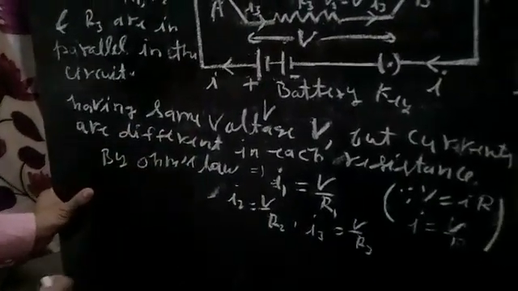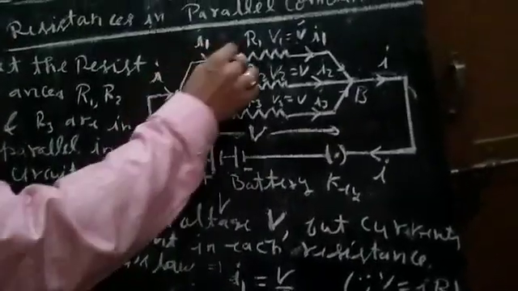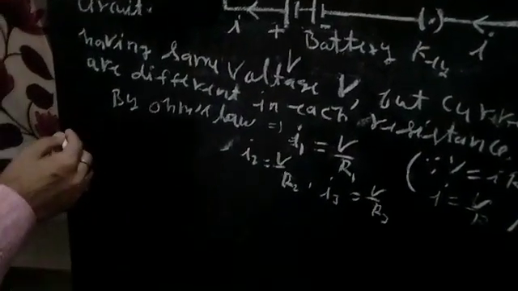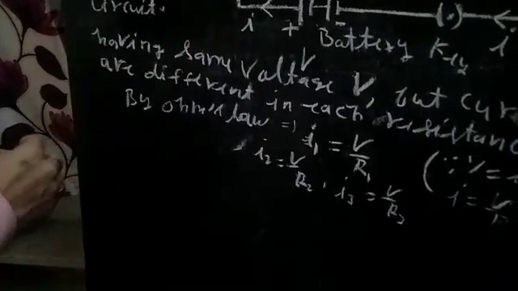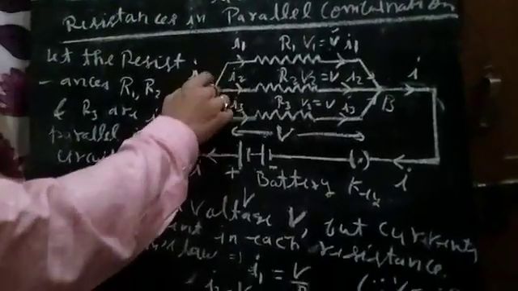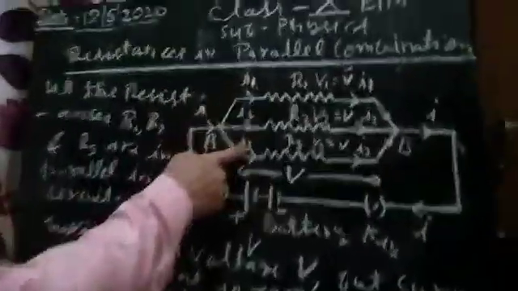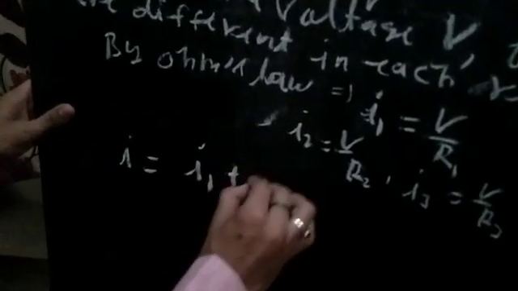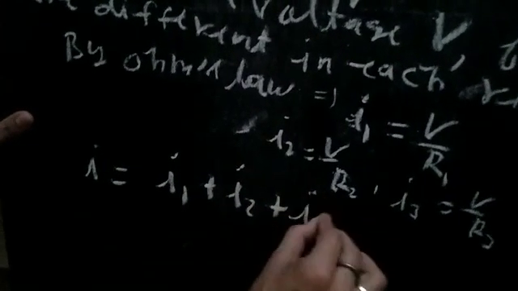The total current is distributed from point A into I1, I2 and I3, that's why I is equal to I1 plus I2 plus I3.